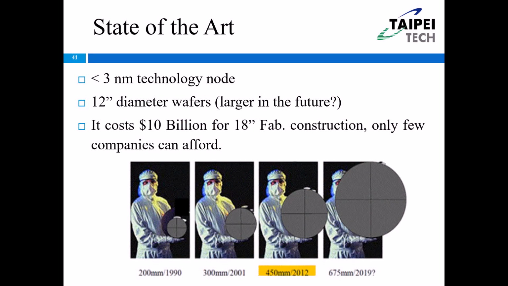Right now, when we talk about the silicon wafer size, we know the technology is moving on. Right now it's almost 2 nanometer in production, and our silicon wafer size is 12 inches in diameter.